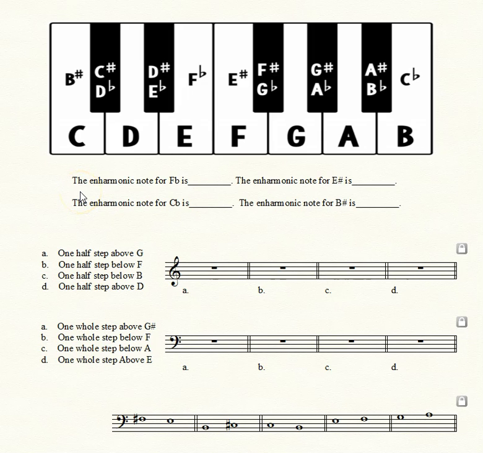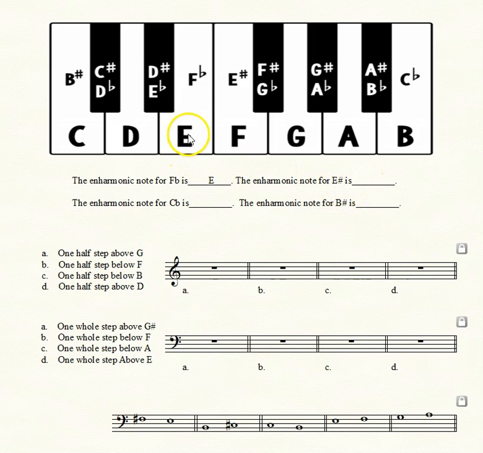Our first question is, the enharmonic note for F flat is blank. Let's take a look at F, and to find the flat of F, we go one key to the left. That key is E. Let's look here. The enharmonic note for E sharp is blank.